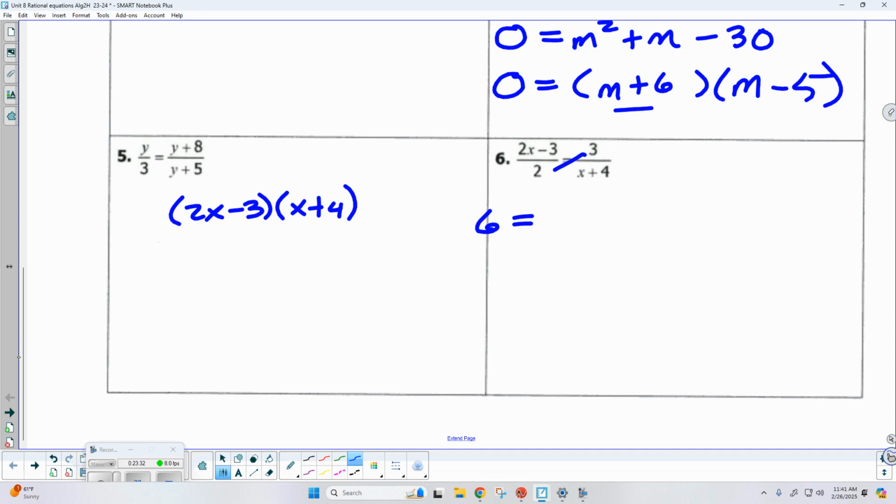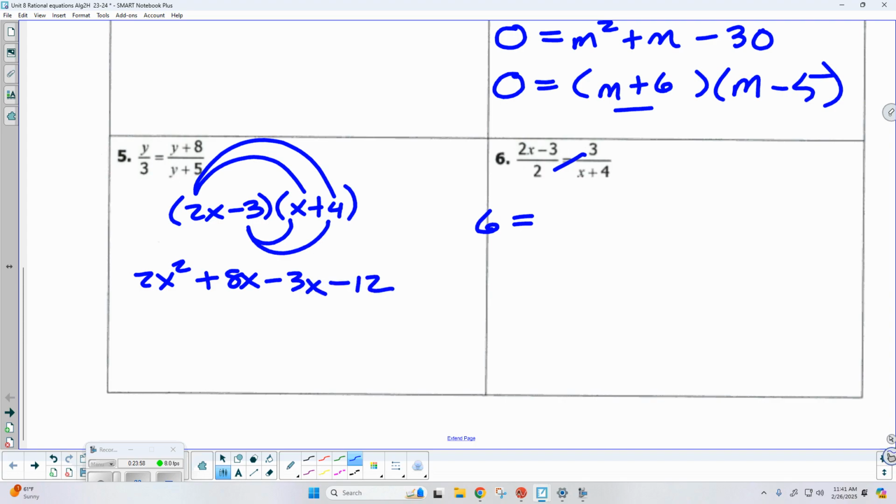Okay, so walk me through this. What would I multiply first? Okay, so 2x times x, that's 2x squared. Now what? 2x times 4, that is an 8x. So that's the outside. What's the inside? Negative 3x, so that's a minus 3x, minus 12.